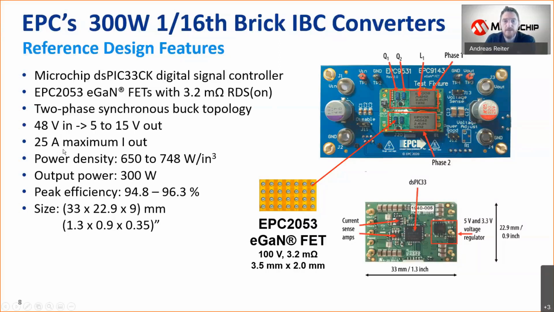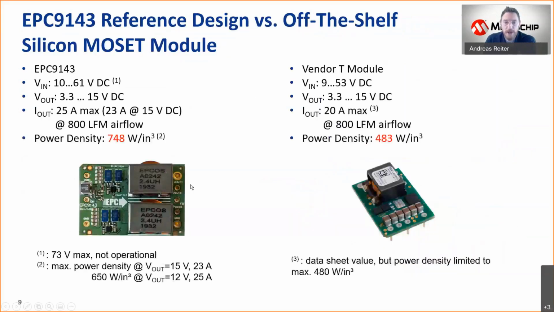Therefore, the power density here is specified between 650 and 750 watts per square inch. When we compare that module against, let's say, a common off-the-shelf 16th brick design, low cost, open PCB, no housing, then we see that state-of-the-art is roughly somewhere between 450 and 500 watts per square inch.